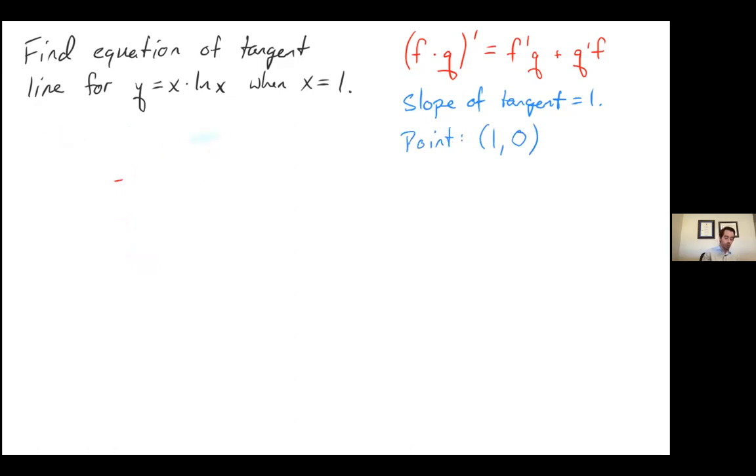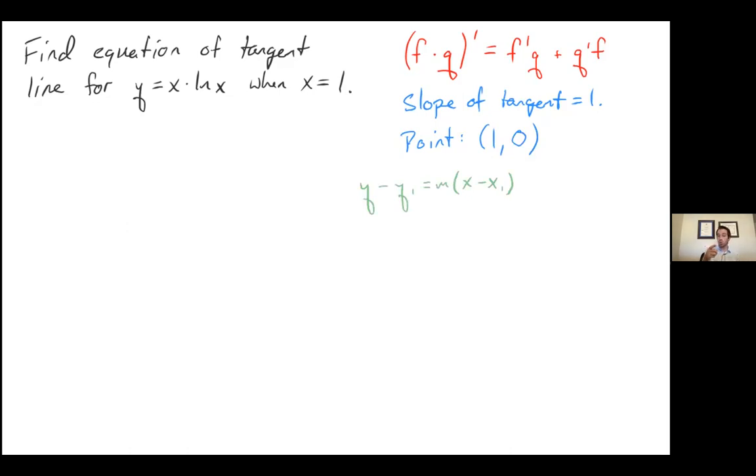I don't know if you are comfortable with working with point slope form. If you prefer to be in slope intercept form, then, well, deal with it, because we're going to put this in point slope form at least at first, and then I will convert it to slope intercept form right after that. So I'm going to say y minus y1 equals m times x minus x1. This is point slope form.